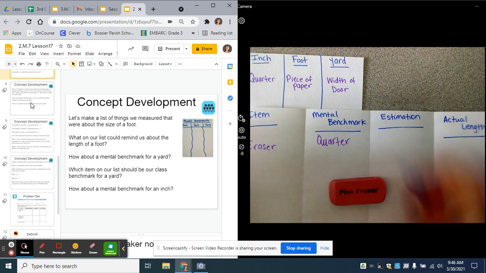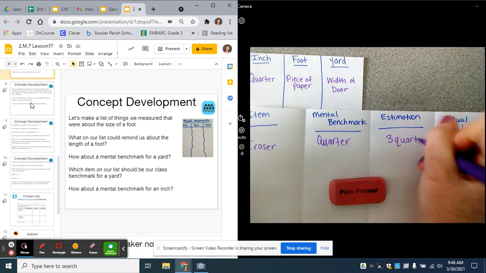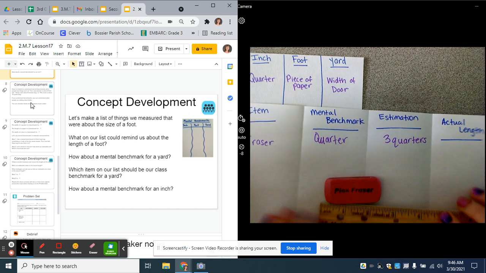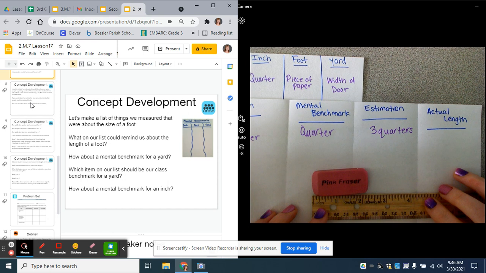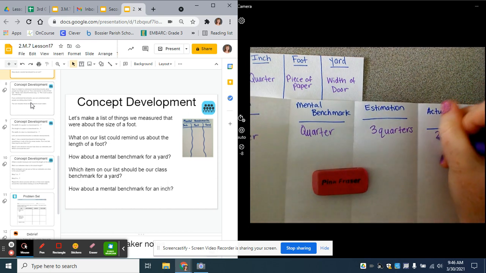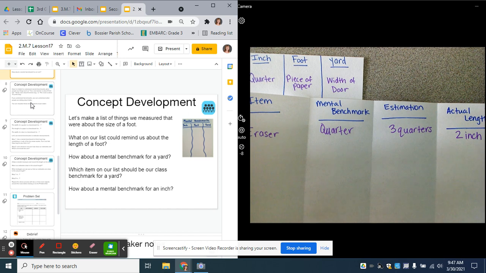I'm going to say about 3, 3 quarters long. If I use my actual ruler and measure it, it's pretty close. It's at 2. So it's actually 2 inches long. Not bad at all.